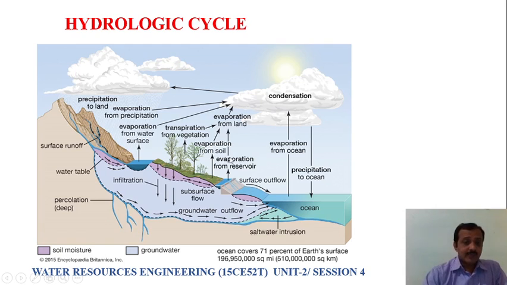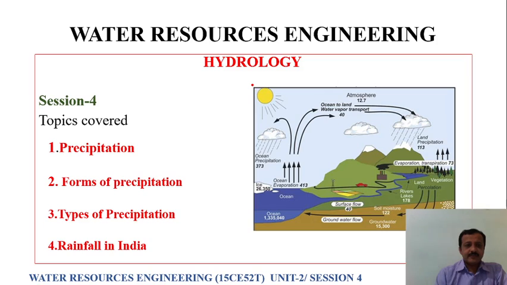Once again the impounded water gets evaporated, condensed, and rainfall occurs. The same procedure is followed and the same cycle repeats. Hence we call this the hydrological cycle, which is very important for any hydrologist.